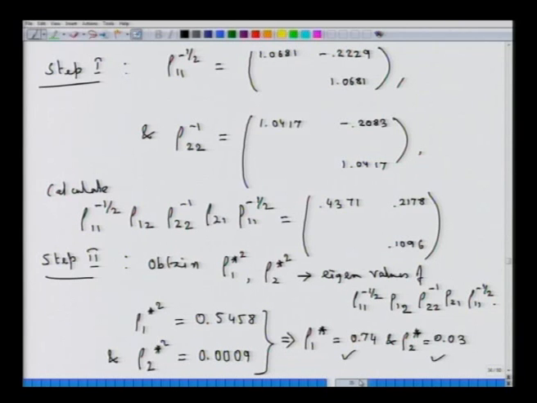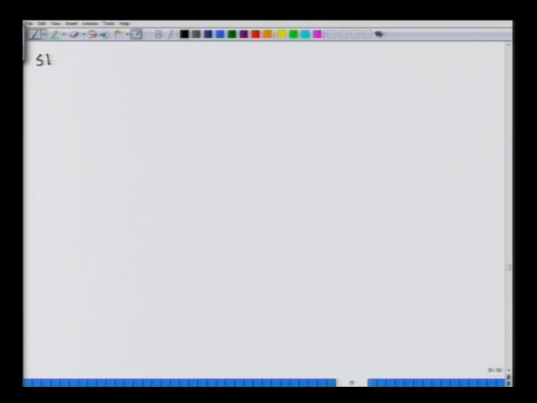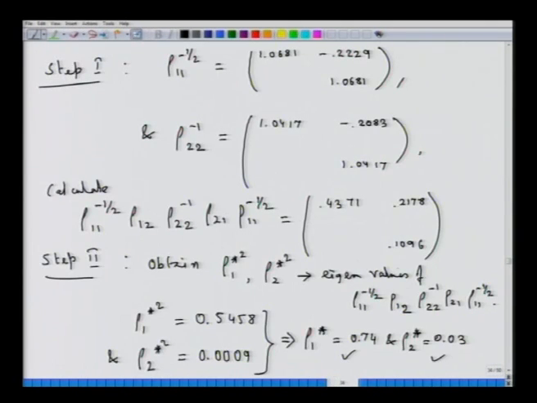Now, in order to calculate the canonical variables, we move on to this third step of this computational term. What we need to find out is the orthonormalized eigenvector of this matrix corresponding to the eigenvalue, which is rho 1 star square.